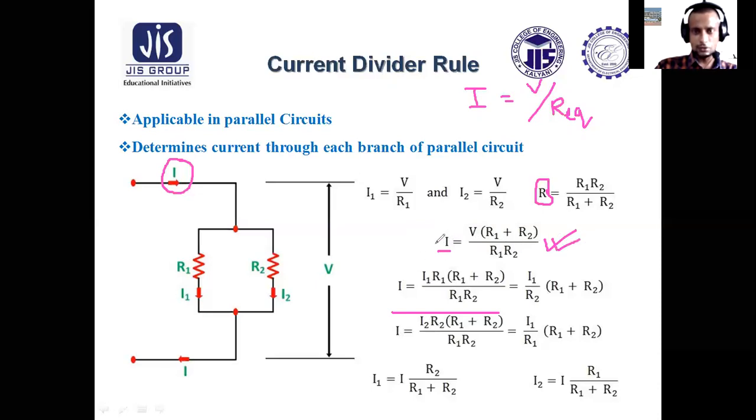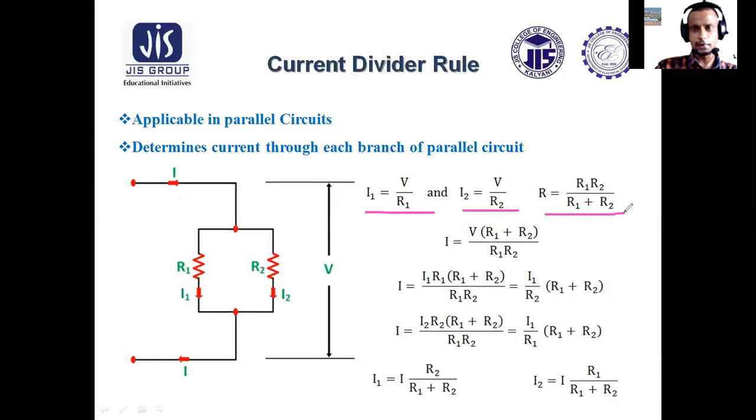Now from the earlier equations you can write V equals I1 R1, or V equals I2 R2. Let us first substitute V by I1 R1 in this equation. So I equals I1 R1 into R1 plus R2 divided by R1 R2. Simply, we first calculated the individual currents and the total resistance.